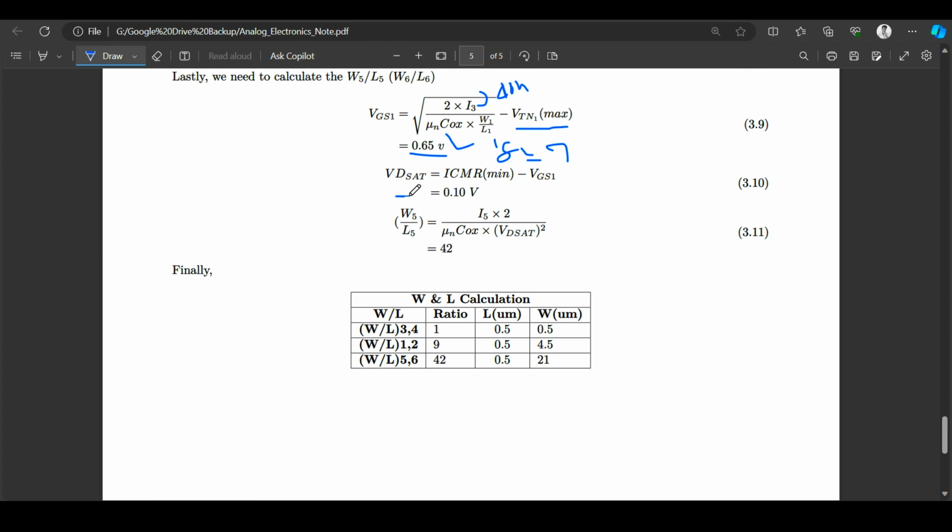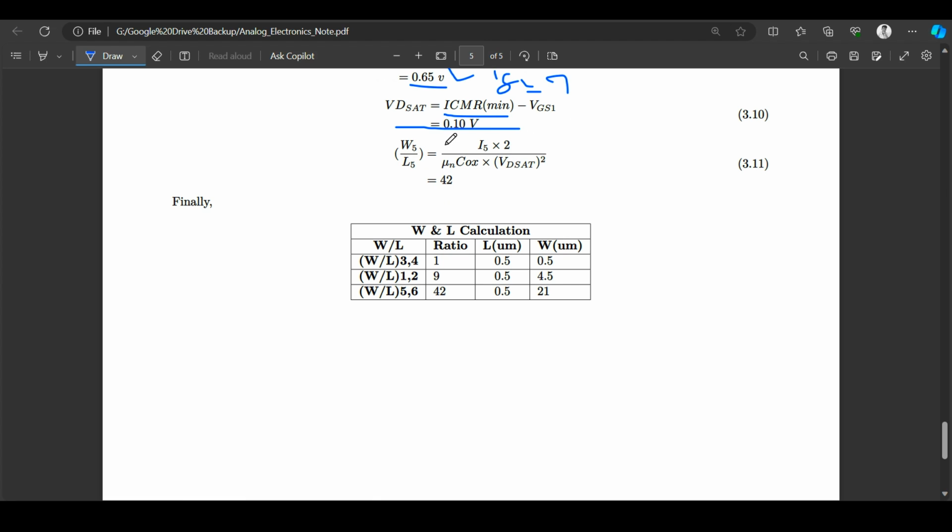Then I have to know the VDSAT. To know the VDSAT, I have to subtract the VGS1 from the ICMR minimum. Then I get the VDSAT. After knowing the VDSAT, I can easily calculate the W by L ratio for the NMOS 5 and 6. I know the I5, which is basically 80 microampere.